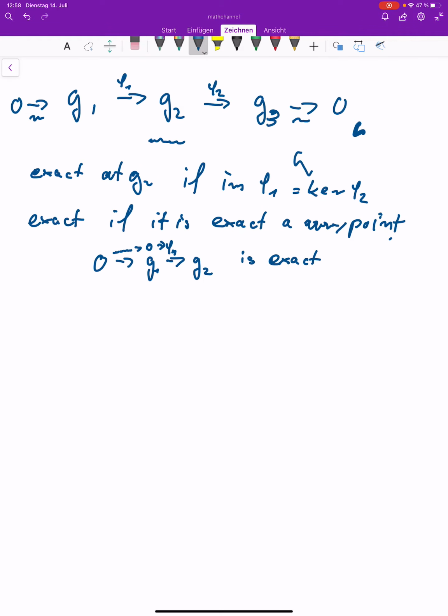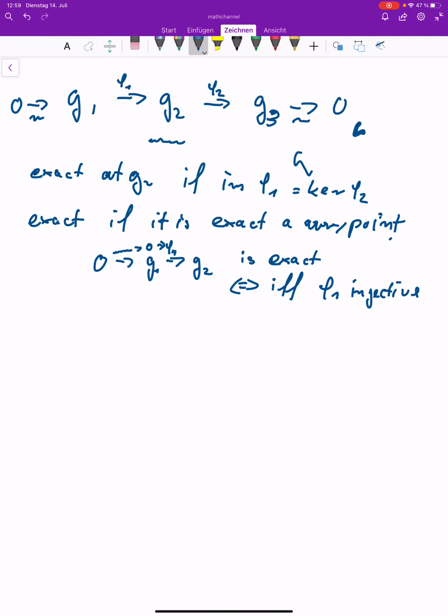So 0 is the kernel of phi1. So this is exact if and only if phi1 is injective, right? Injective being the case if and only if the kernel is 0.